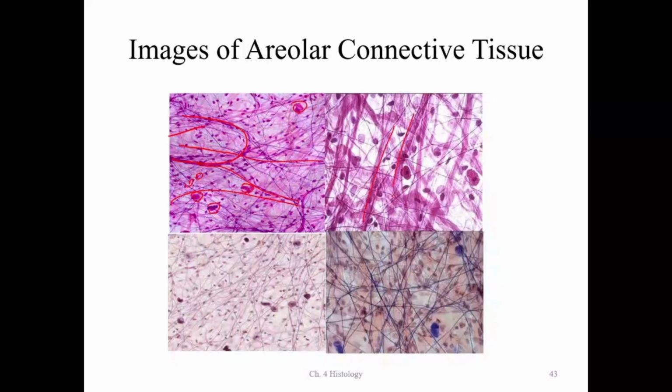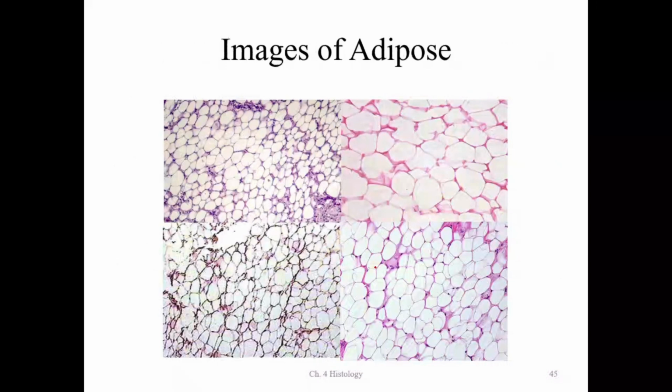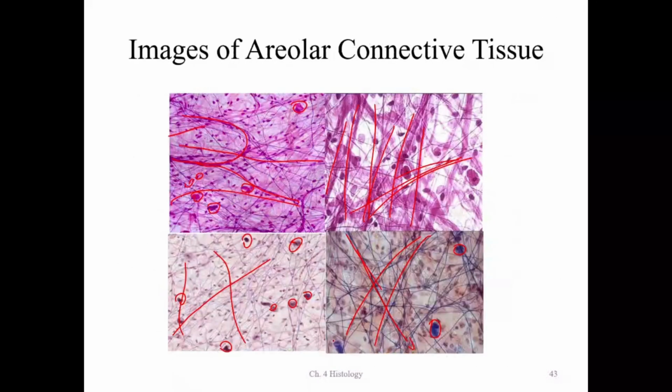The fibers run in multiple directions through the tissue, all kinds of directions, but there will be all these cells, a loose organization of cells, and fibers that run in a variety of directions is areolar, okay? These are the telltale signs.